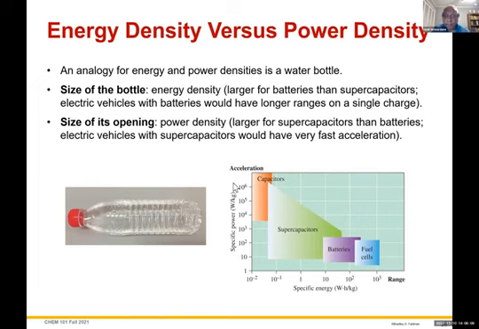If you look at this diagram, the range, specific energy, specific power. I cannot see it.